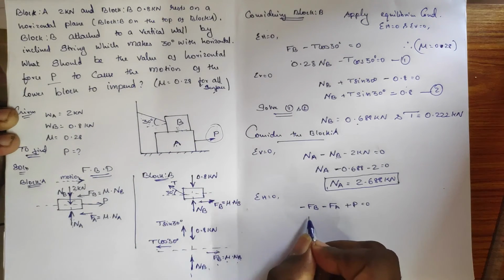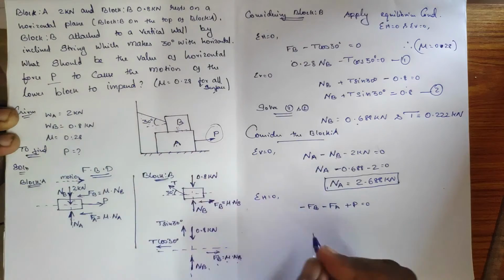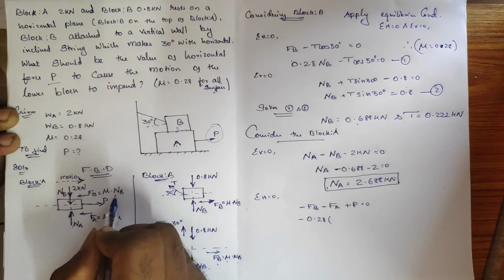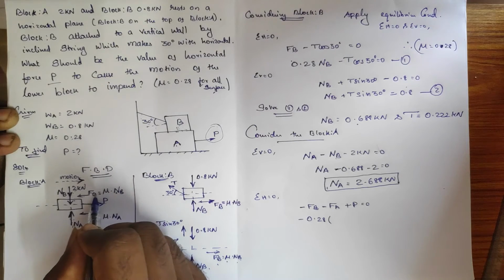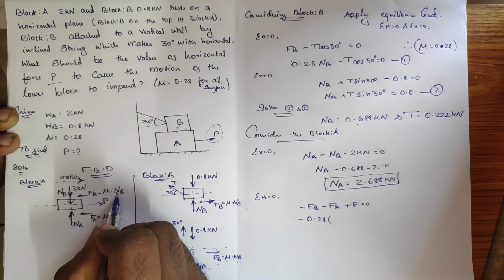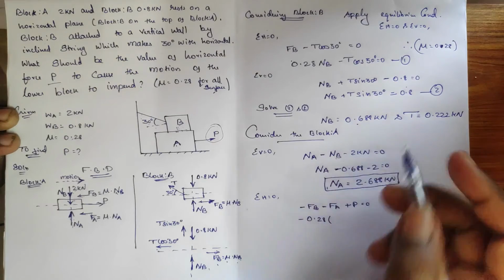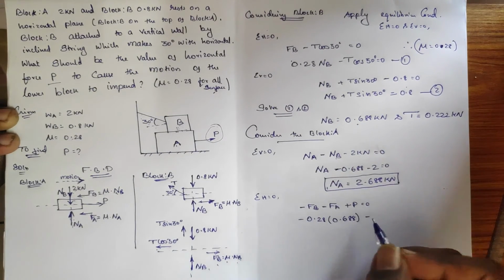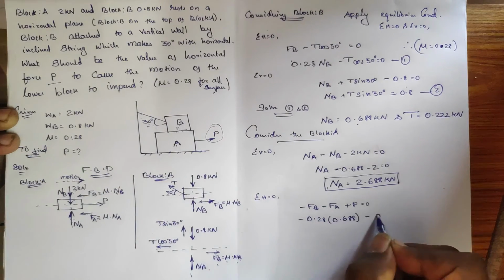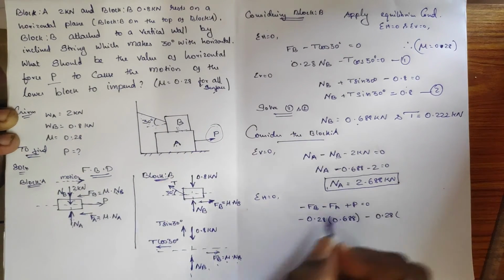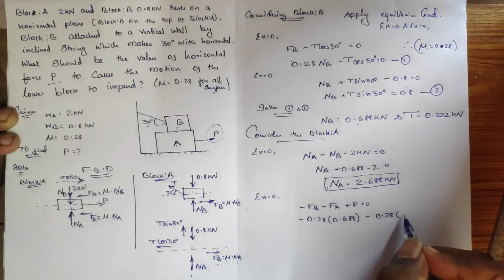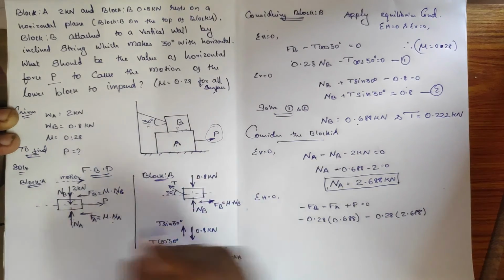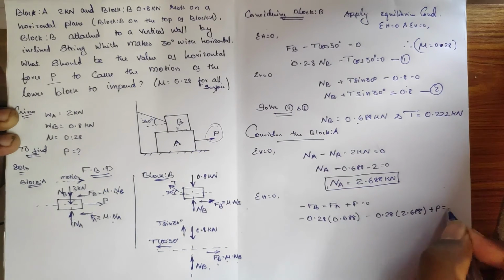Mu value is 0.28 into NB. In the place of FB I just going to put NB answer we got here 0.688, so multiply minus FA mu into 0.28 into NA value we got here 2.688, okay, then plus P which is equal to 0.